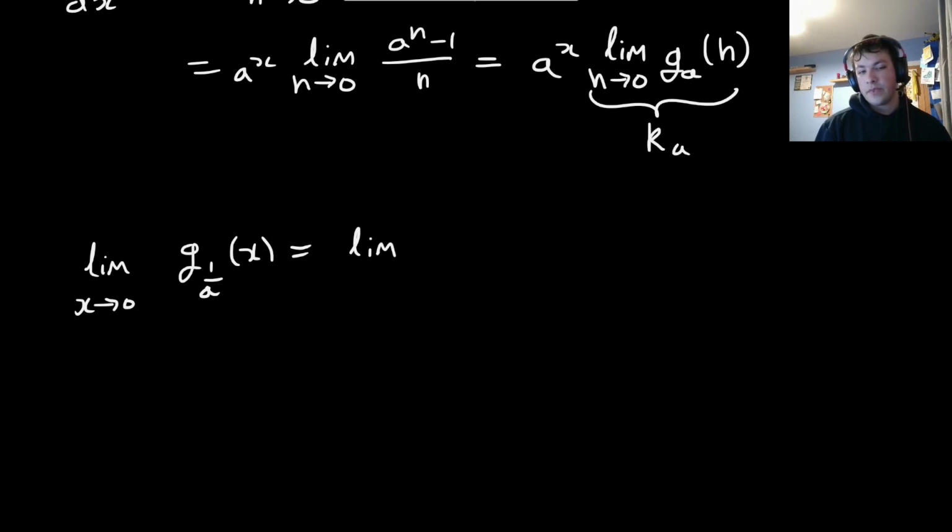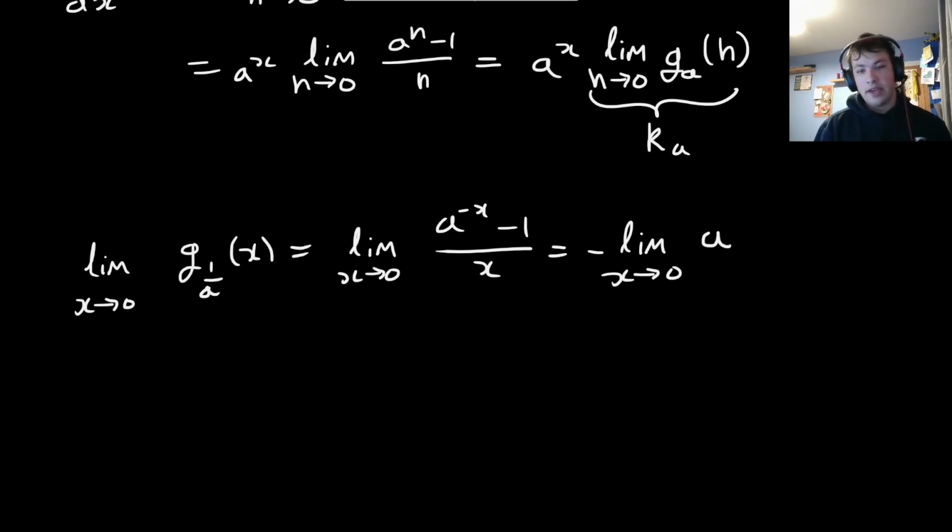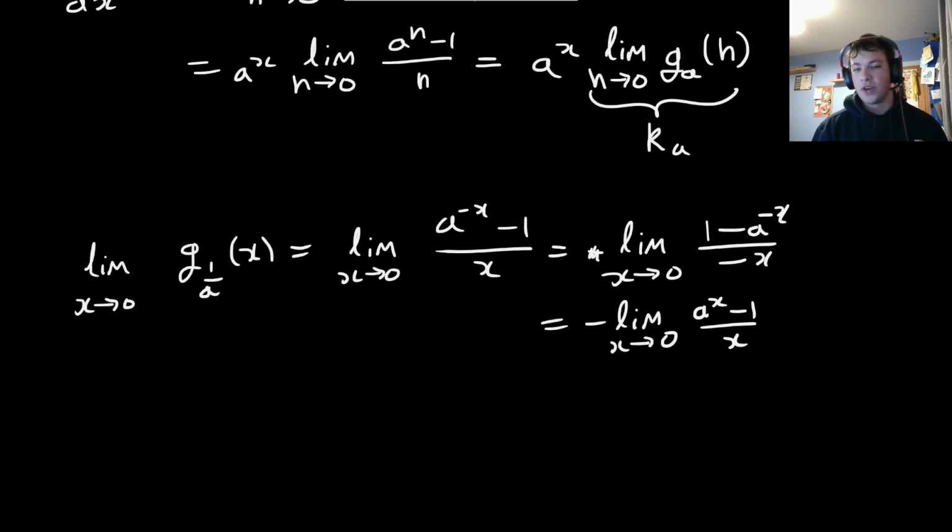This is the limit as x goes to 0 of a to the minus x minus 1 over x, which is going to be minus the limit as x goes to 0 of 1 minus a to the minus x over minus x. But then these minuses are the same, so this is minus the limit as x goes to 0 of a to the x minus 1 over x. You just replace x with minus x and pull out that minus.